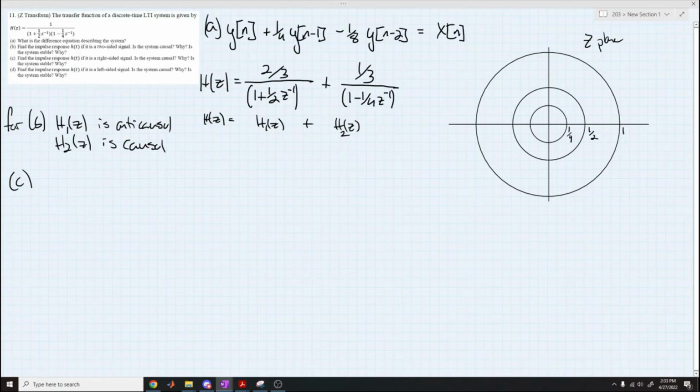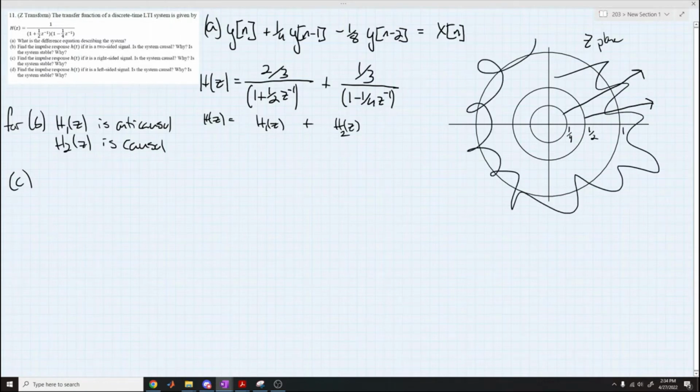Okay, so that means here we're going like this, and then at the circle associated with the pole at 1/2, we're going outward as well. And the region of convergence has to be the intersection. So that gives us a region of convergence all out here. So for part C, H1 and H2 are causal.